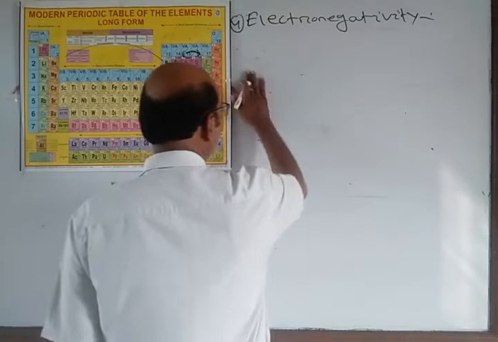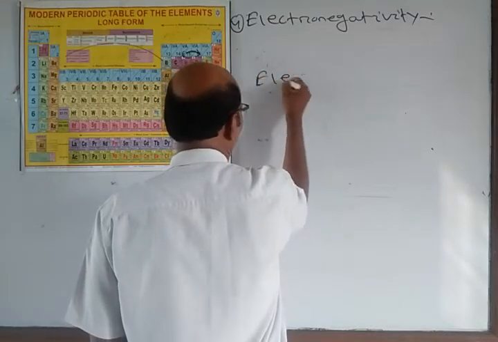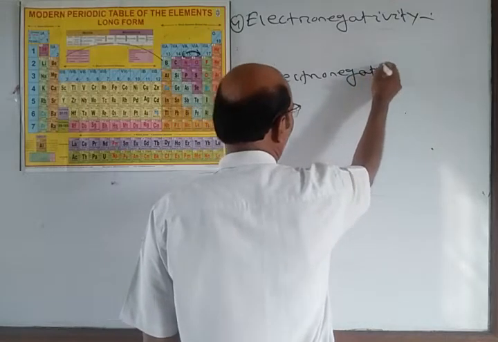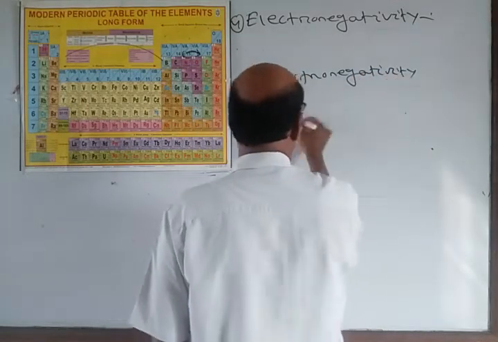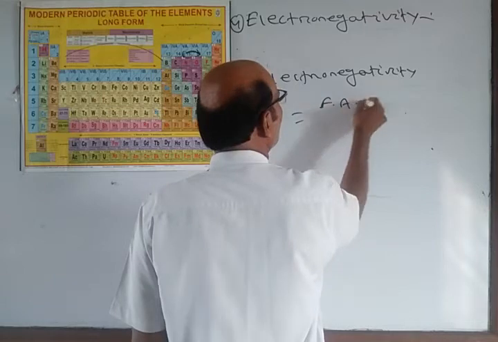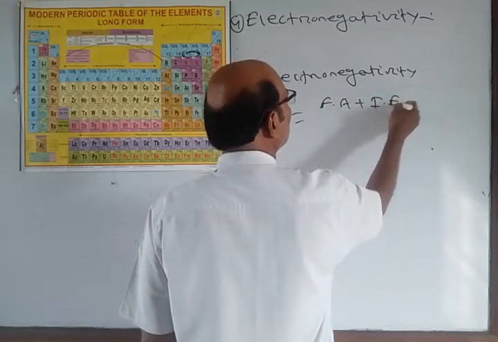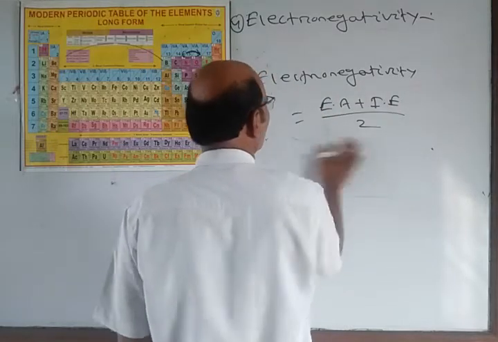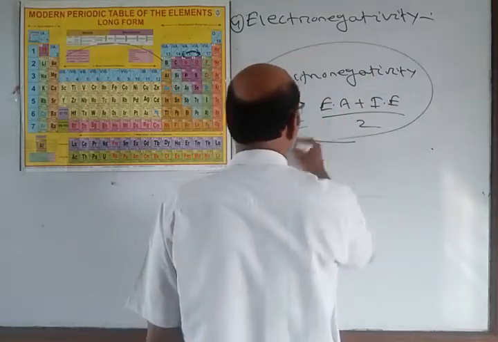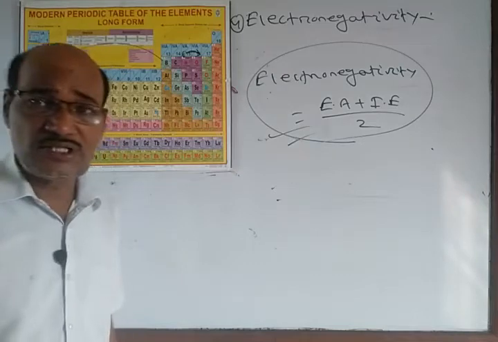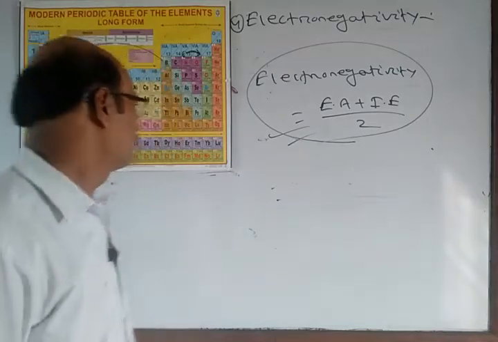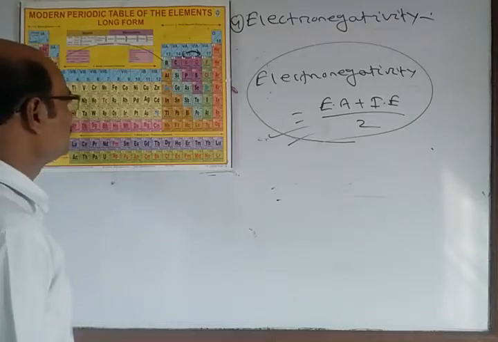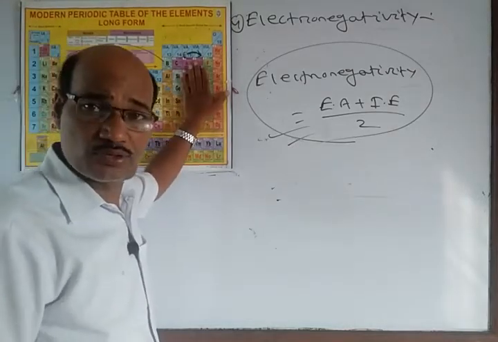Normally, electronegativity equals electron affinity plus ionization energy divided by 2. Generally we can calculate it. And this electronegativity also decreases along the group and increases along the period.